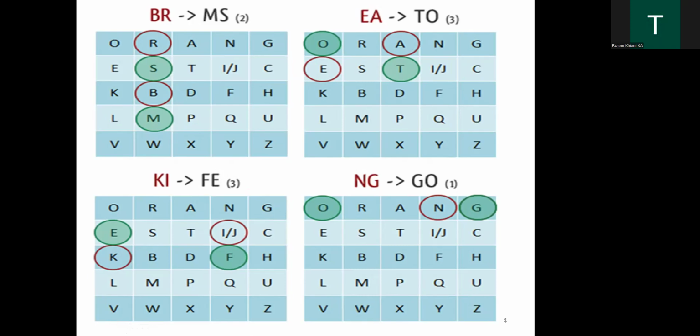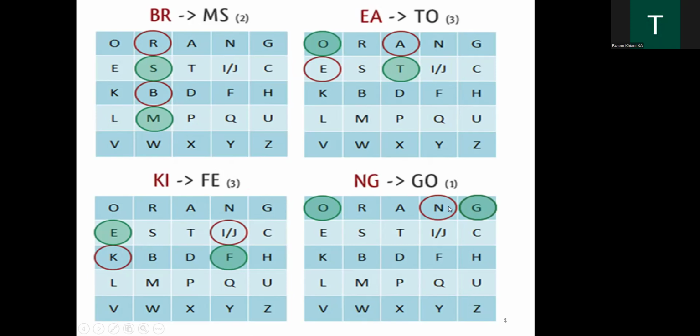And if we see the last example, in the last part we have the plain text as NG. If we see N and G, they are lying in the same row. As they are lying in the same row, we have to take the characters right of that particular character.